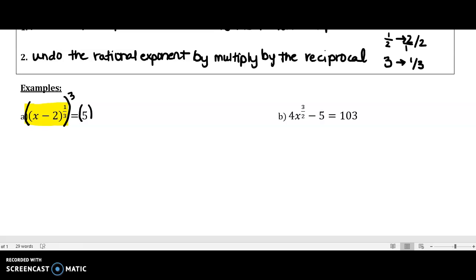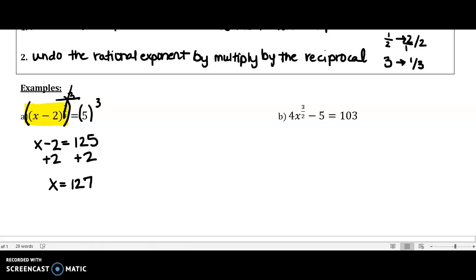Got to do it to both sides. When that happens, it undoes the exponents, so I'm just left with x minus 2. 5 to the 3rd power is 125. Now we're back to algebra 1, where we're just solving this one-step equation. We add 2 to both sides, and I get x equals 127.